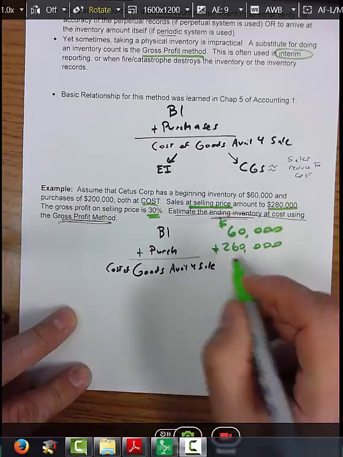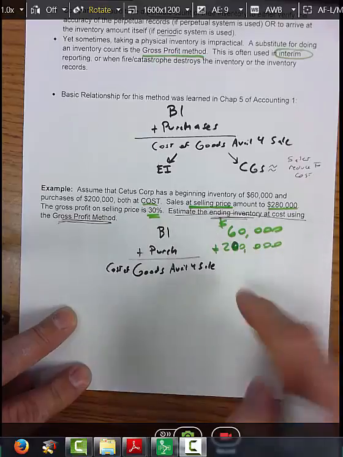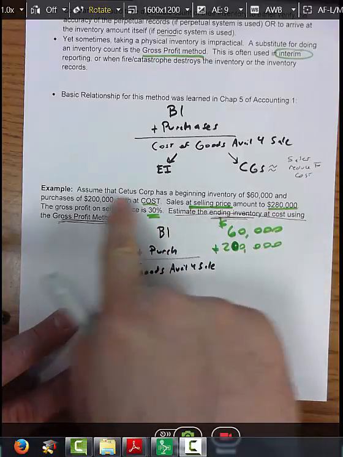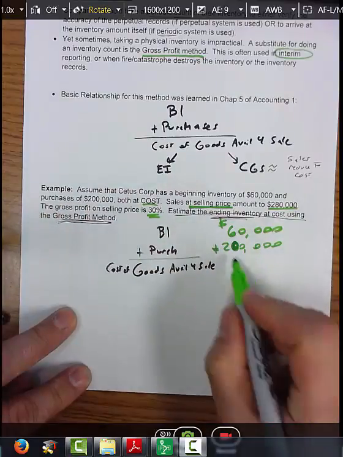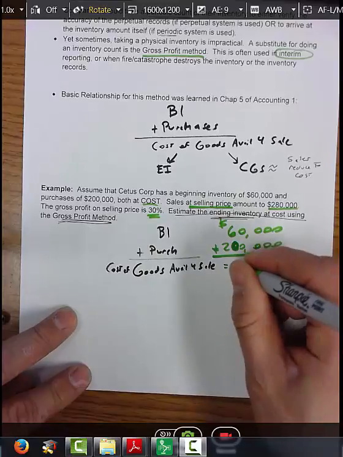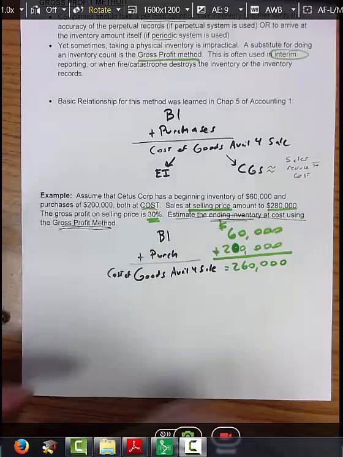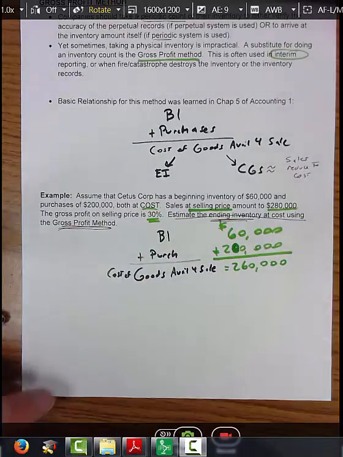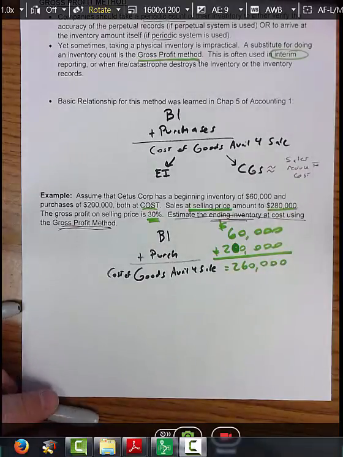Our purchases are $200,000. Beginning inventory is 60, purchases are 200, and that equals $260,000 cost of goods available for sale. Are you with me?